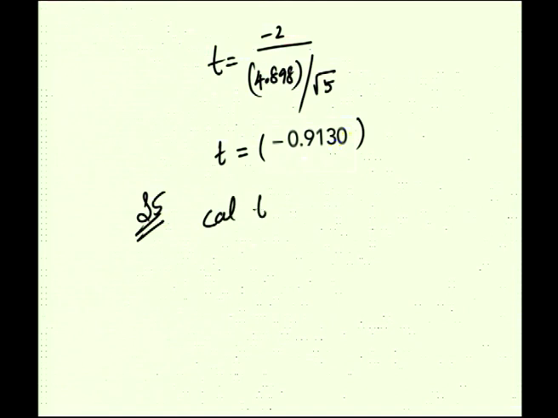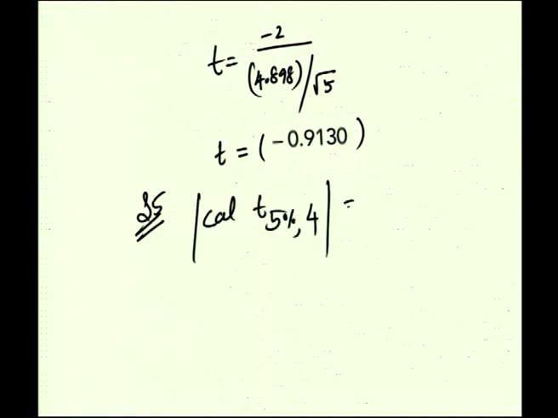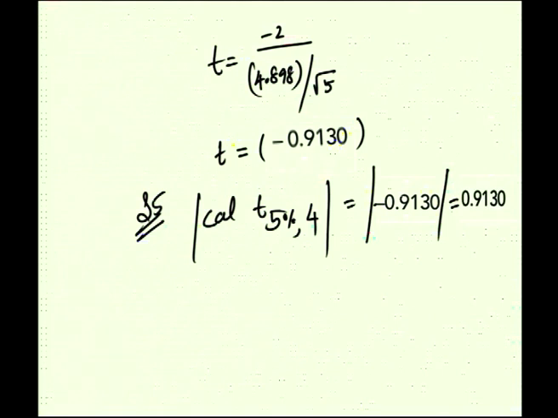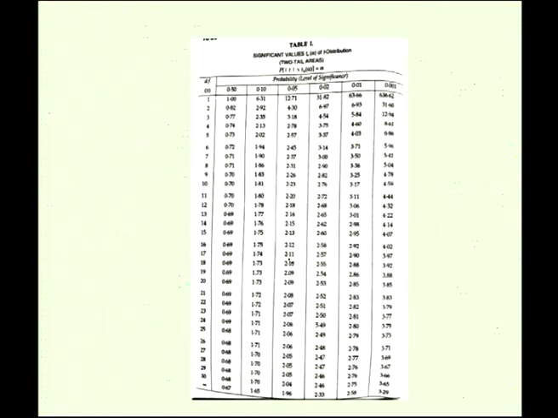So, calculated t at 5%, 4 degrees of freedom is equal to modulus of minus 0.9130, which is 0.9130. Then tabulated t at 5%, 4 degrees of freedom, we have to see from the tables.